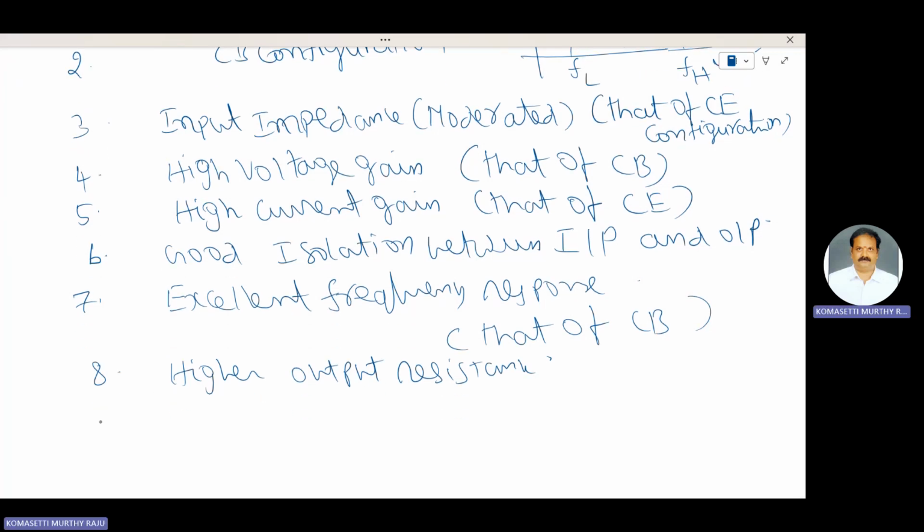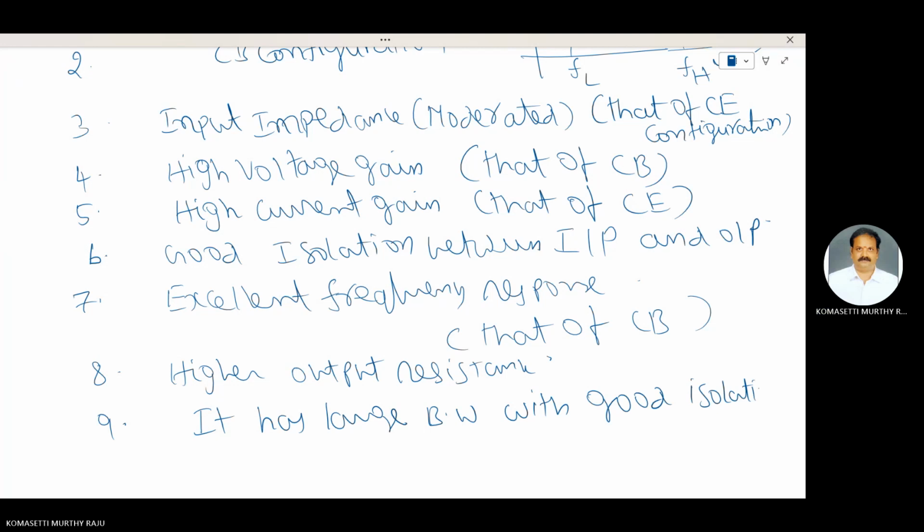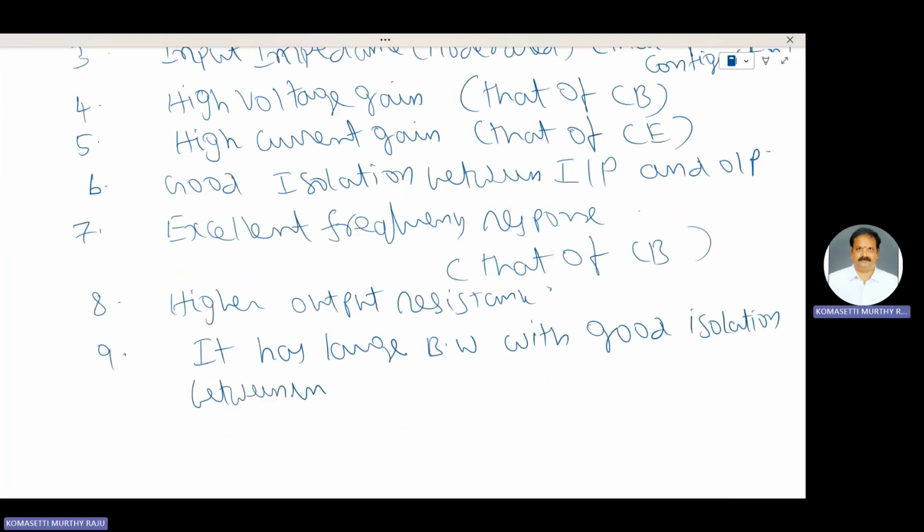It has a large bandwidth with good isolation between input and output stages.